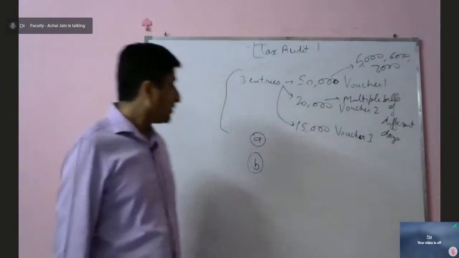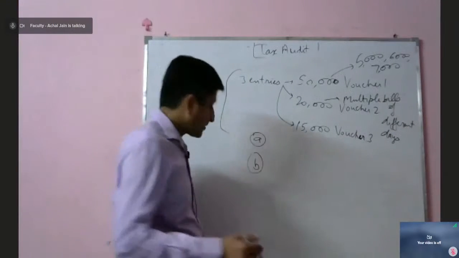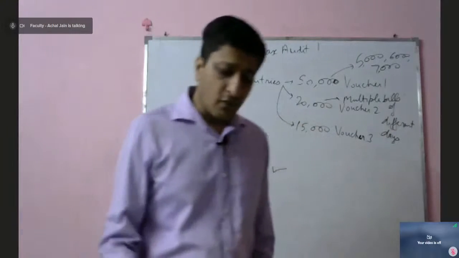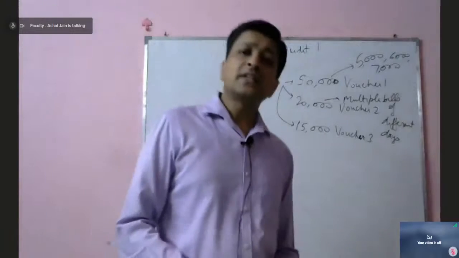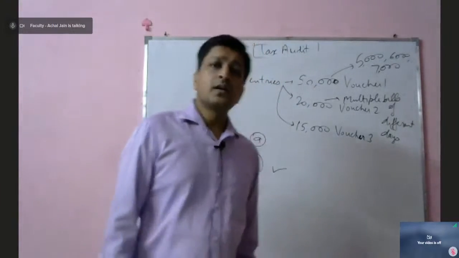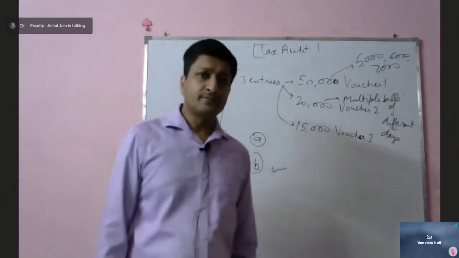So out of these two options, which one will you consider as an auditor? Of course, option B, wherein you further drill down all of these vouchers to understand whether there is anything reportable under this clause in Form 3CD.